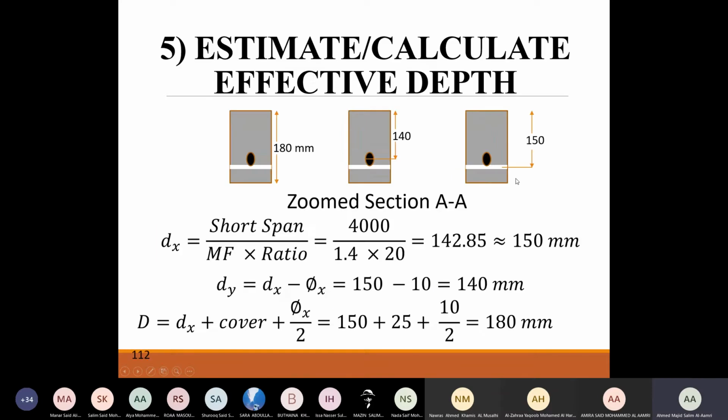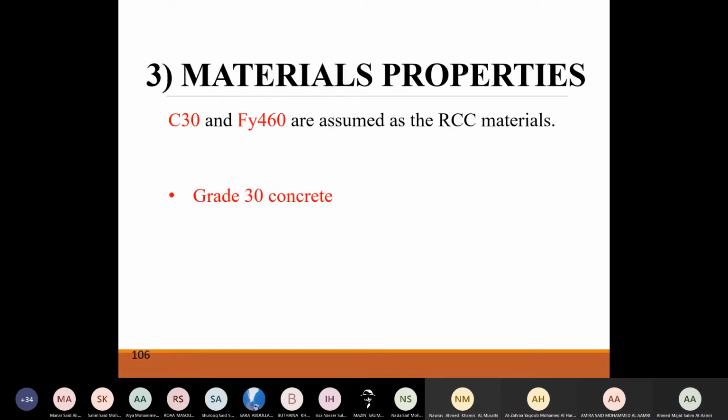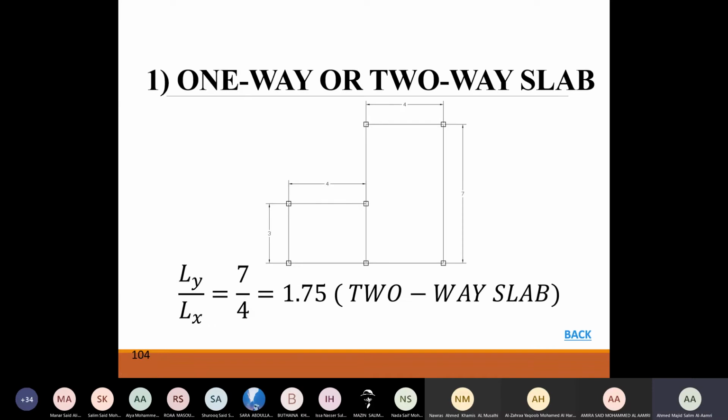Okay, now for the cover, if you can see in this particular problem, we have it either continuous, either simple here. This is going to be for the calculation of cover and calculation of the ratio. If you remember, we have continuous and we have simple.